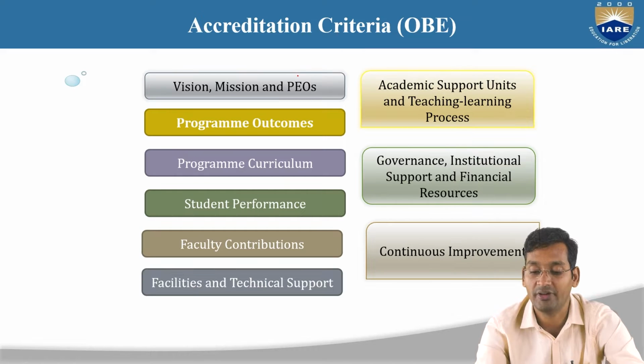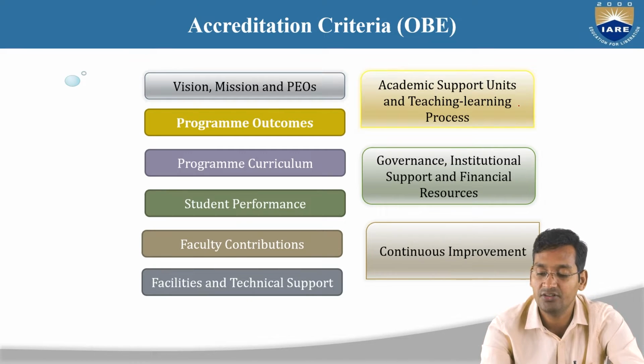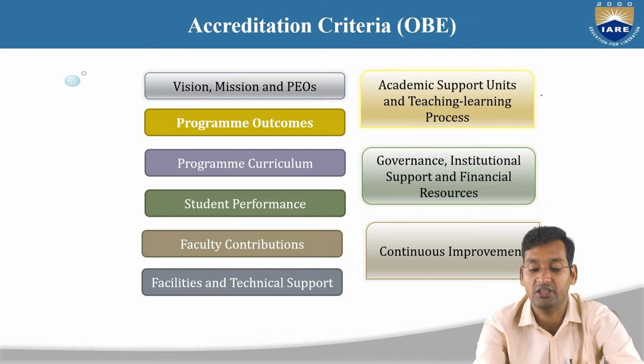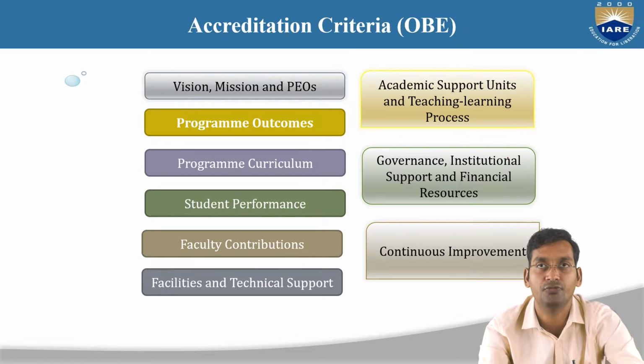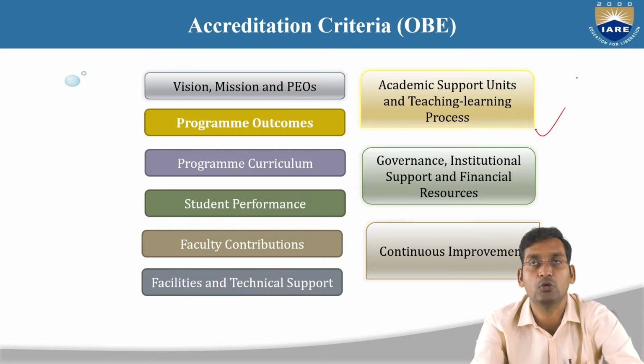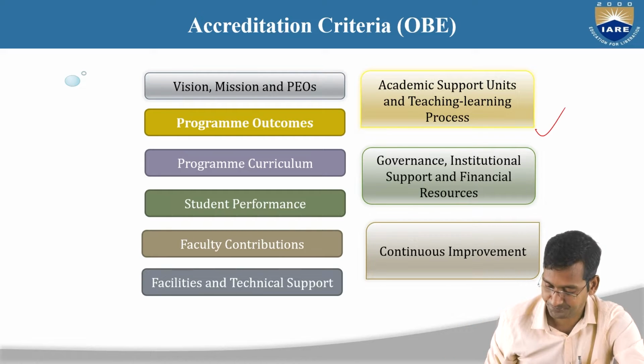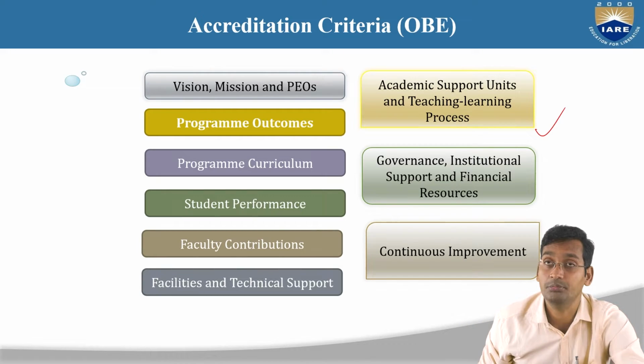Then academic support units and the teaching-learning process. The next are governance, institutional support, and financial resources. Then continuous improvement. So these are the accreditation criteria for OBE. If any institute is following these things, then they can go for OBE, that is outcome-based education.